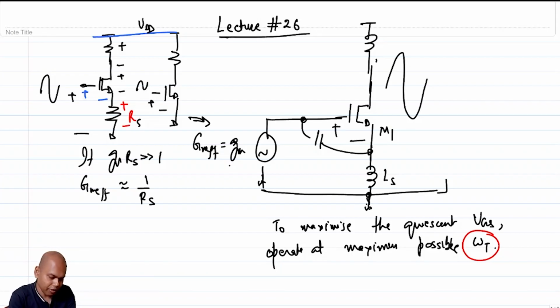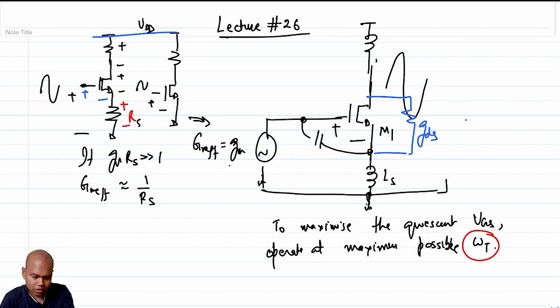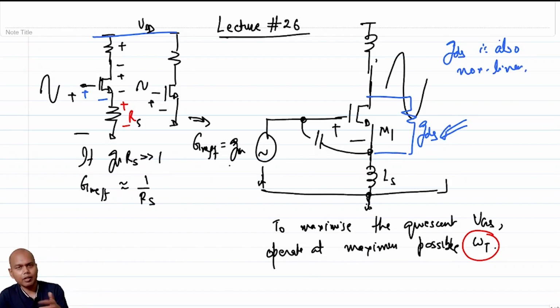So whatever we have neglected till now, we had this GDS. This GDS is also nonlinear, and the nonlinearity of the GDS will get magnified if you are biasing your transistor close to the saturation and linear region, right?